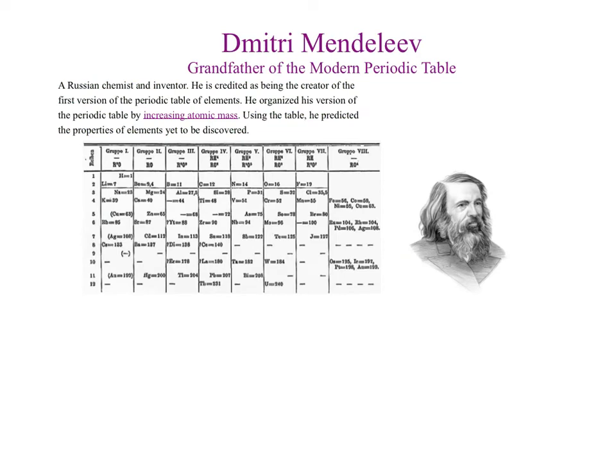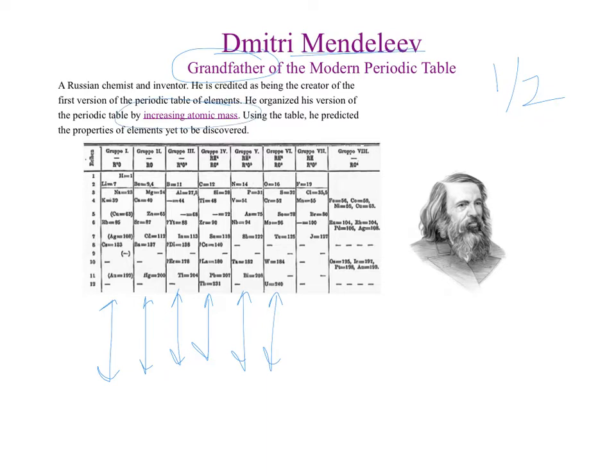The first guy of two that you need to know is a guy named Dmitri Mendeleev. He is known as the grandfather of the periodic table, and he organized elements based on their reactivity and then ordered them in terms of their atomic mass.